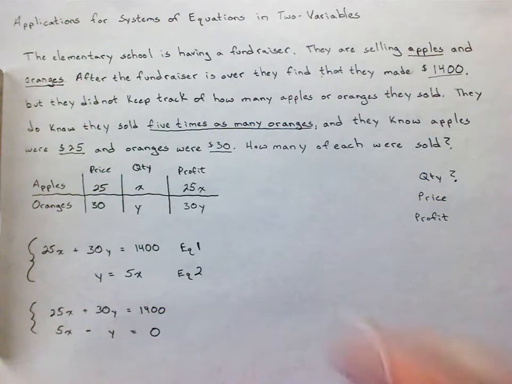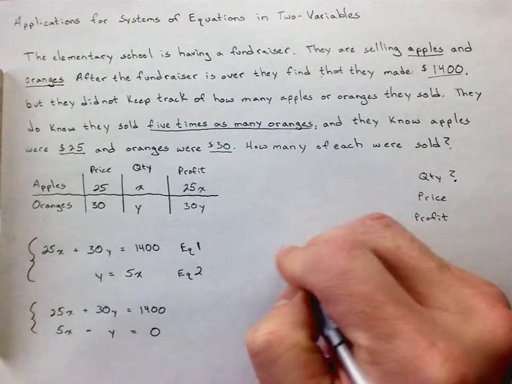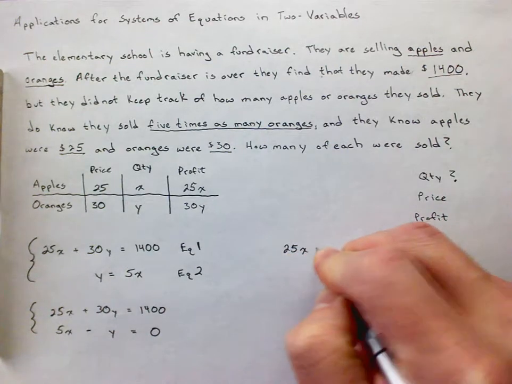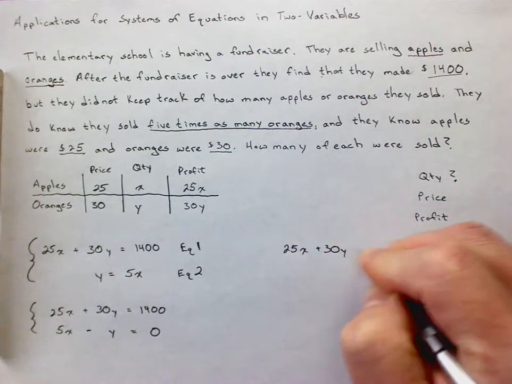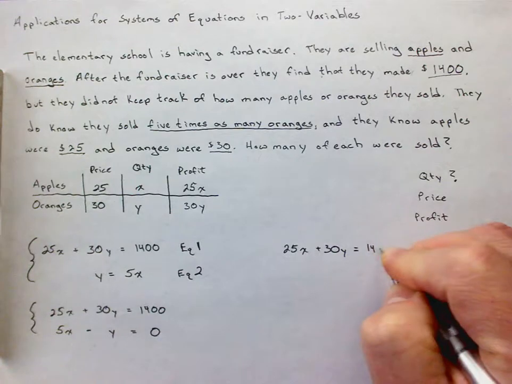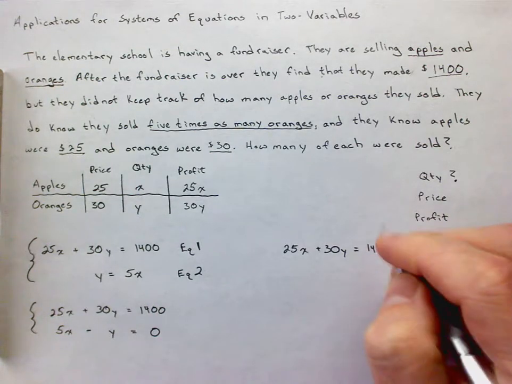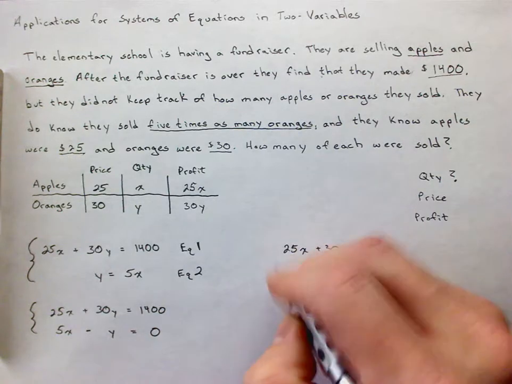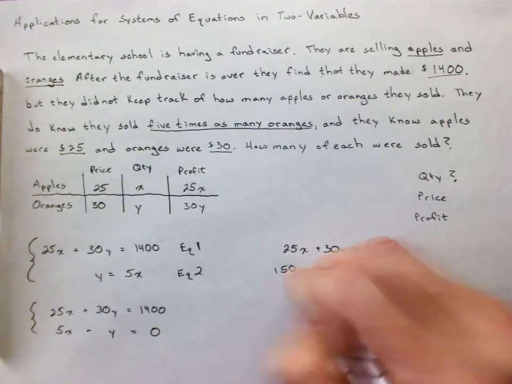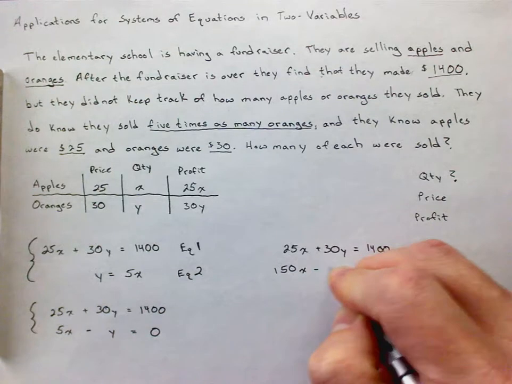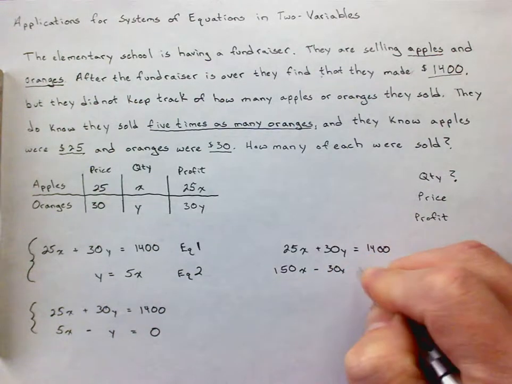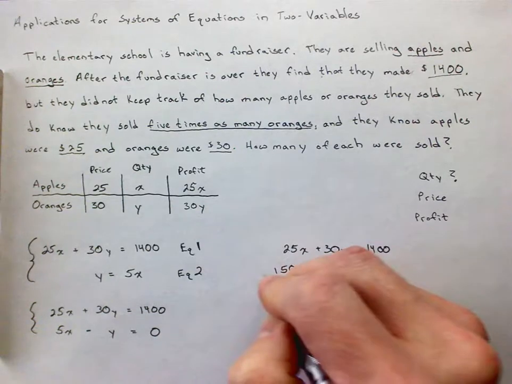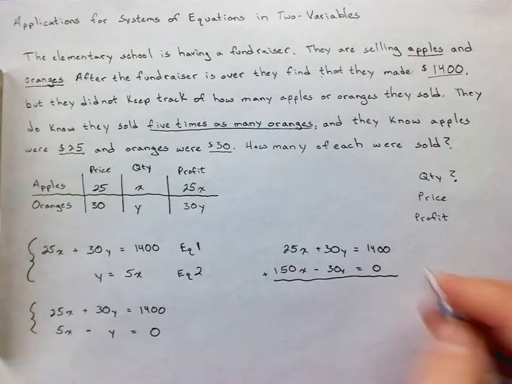So let us solve for this. So I have 25x plus 30y equals 1,400, and then I'm going to multiply through by 30. And then I add them together.